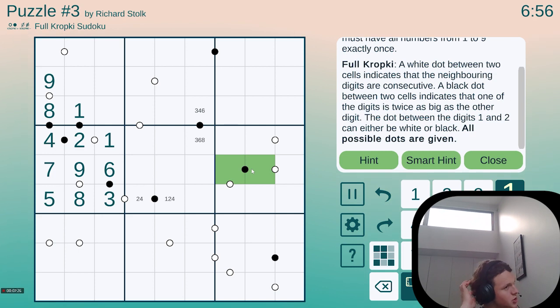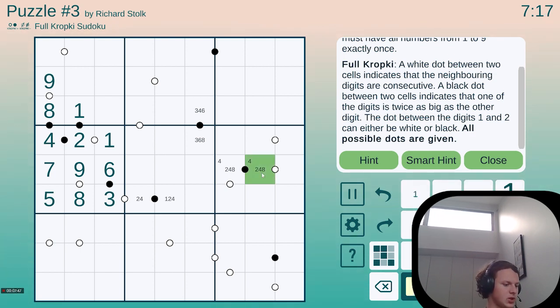So can this be a 2, 1? No, okay, well there we go. It can't be a 2, 1 because 1's not consecutive to anything else but the 2. And it can't be a 3, 6. It's either the 2, 4 or the 4, 8, with the 4 being the common thing that's in there.